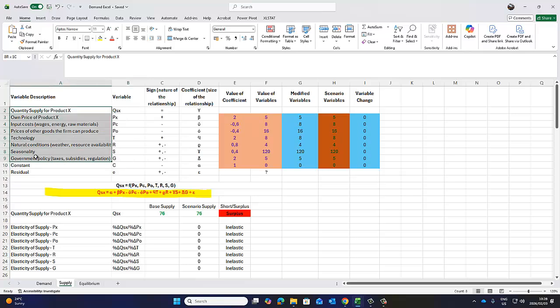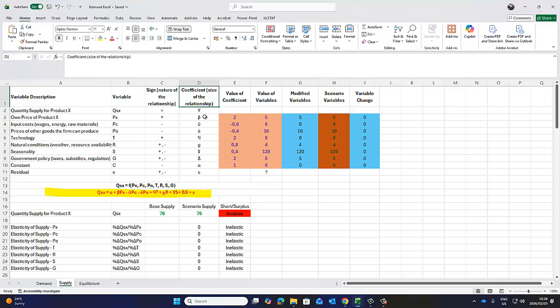Okay, so there's my variables. There's the abbreviation. There's my signs. Then for each of them, I give a symbol or a coefficient. And this coefficient again is the size of the relationship. And again, the size is important. The smaller the coefficient, the smaller the size, the less the relationship.